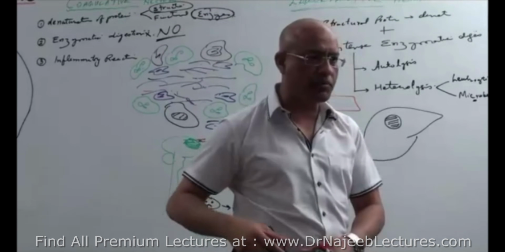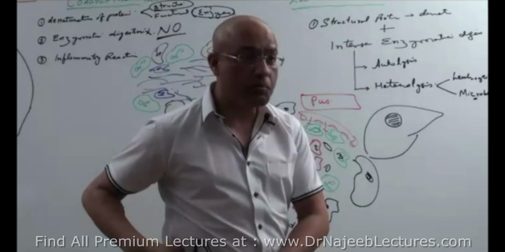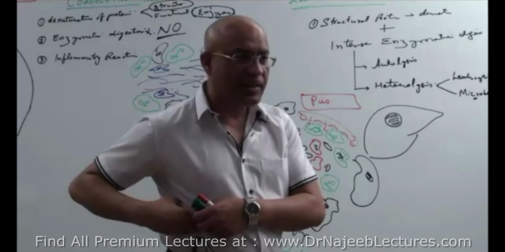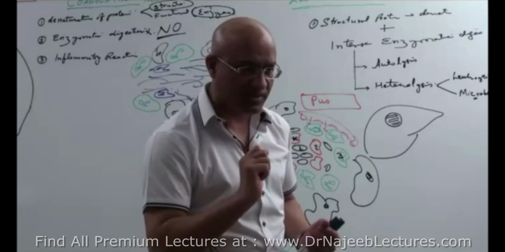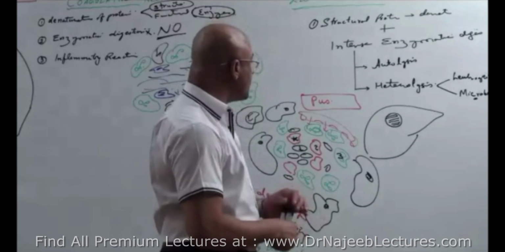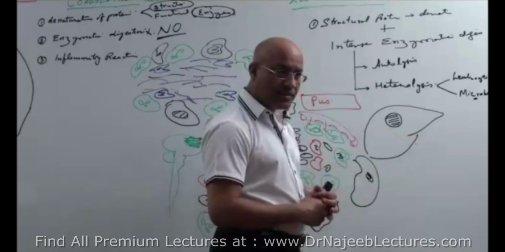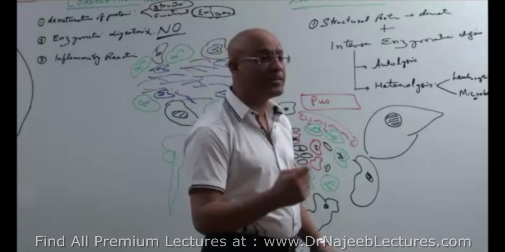For example, in the peritoneum there may be a pocket of pus, or in the pleura some pocket of pus. Then we call it abscess if it is localized. Is that right? Now if you look at the abscess, what do you really find?